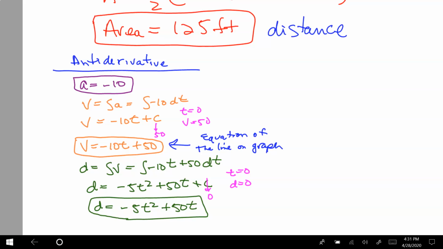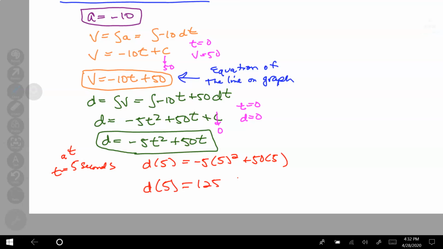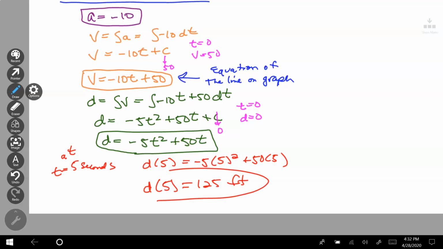Again, we did this last week, so this is not new to you. So I plug in 5 for t, because that's how long it took to brake, 5 seconds. I get my distance at 5 seconds is equal to 125 feet, which is exactly the same distance I had when I used geometry.